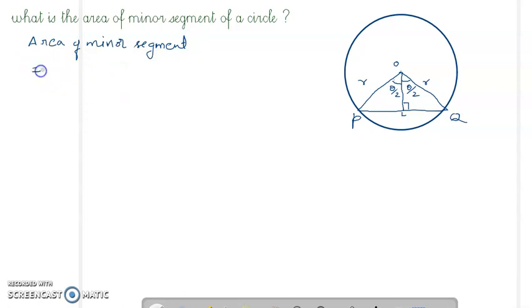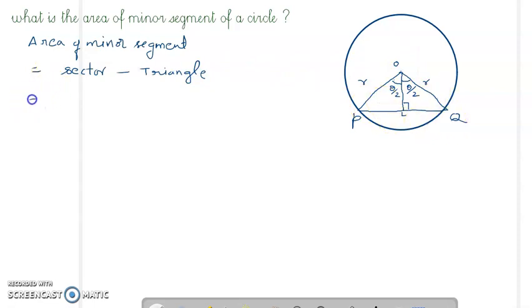Area of the minor segment equals area of the sector minus area of triangle OPQ. So we have to remove the area of the triangle from the area of the sector OPQ.